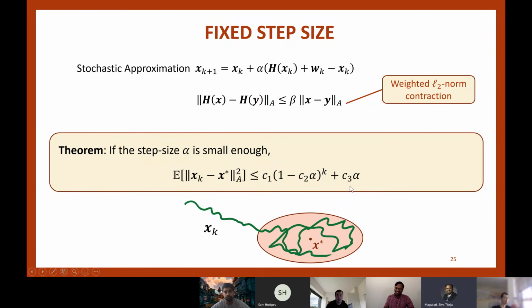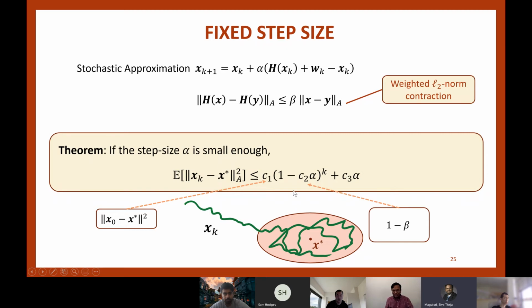So the C1, C2, C3, we have closed form expressions for these in our papers. I'm hiding a lot of details so that we can understand the structure. But C1 has the initial condition, x0 minus x star, the initial error, in it. And C2 depends on the contraction factor. In particular, it is simply 1 minus beta.